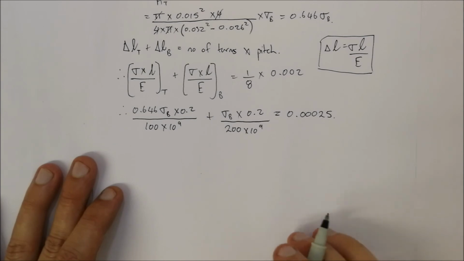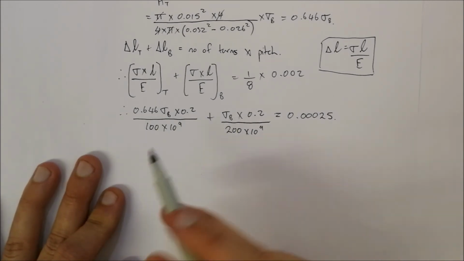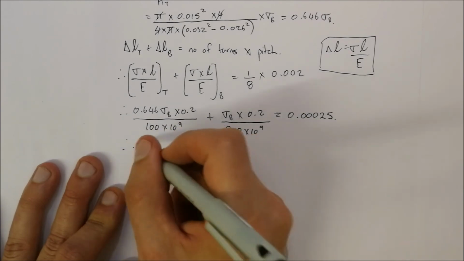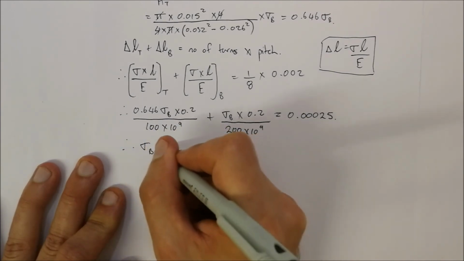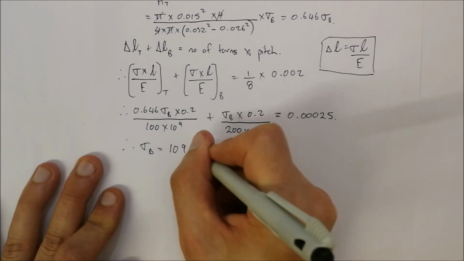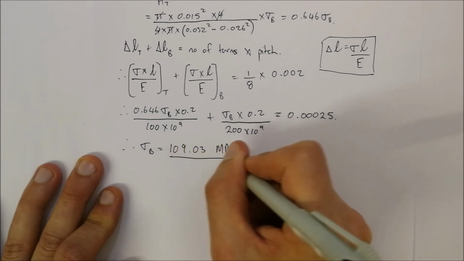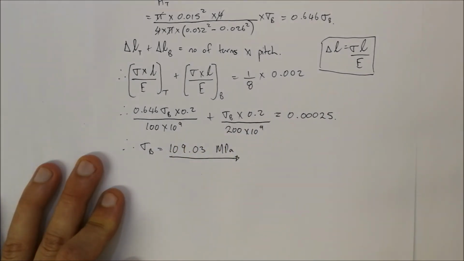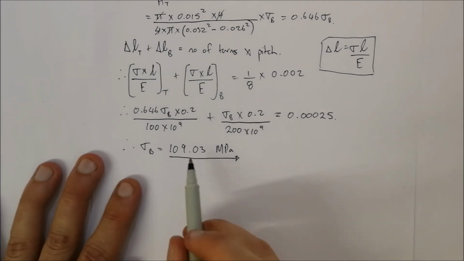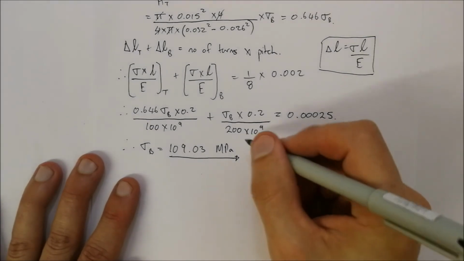Okay, now that we've done that, we've got one unknown, the stress of the bolt. Okay, so we can calculate what the stress of the bolt is. So therefore the stress of the bolt is equal to 109.03 megapascal. Okay, but now what we've got to keep in mind though is, is this compression or tensile? Well, we know it's tensile.